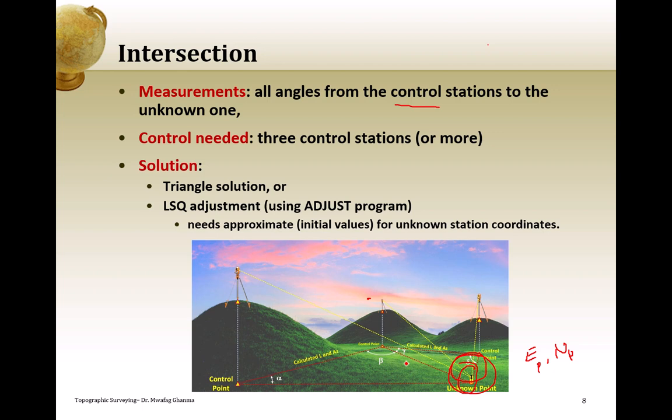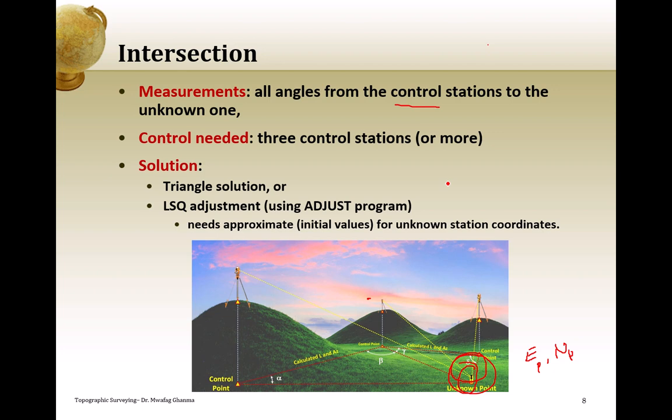Mainly maybe the triangle solution. We can start with the triangle solution, get the coordinates EP and NP, but these will not be perfect. The least square adjustment will give us a better solution. So why not go for the triangular solution and then enter these estimated values into the least square adjustment and get a better solution. But anyways, you don't have to go to the triangle solution if you have just any method for doing the estimates.